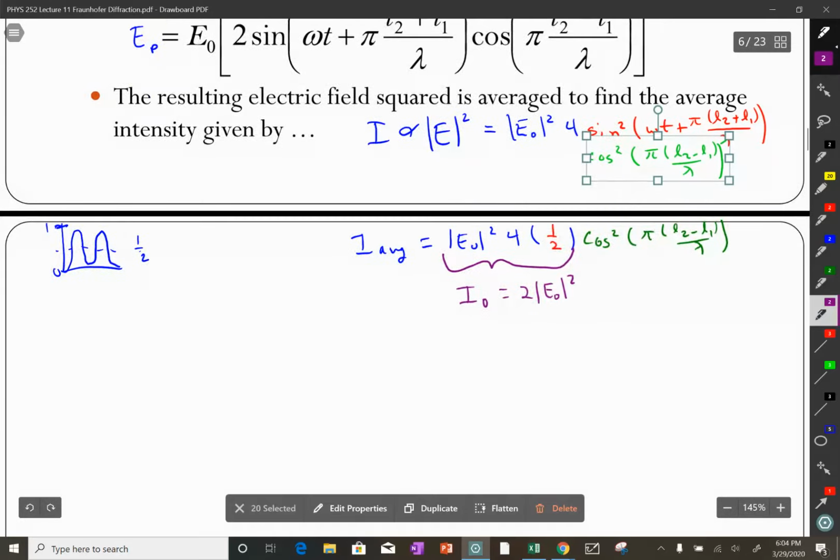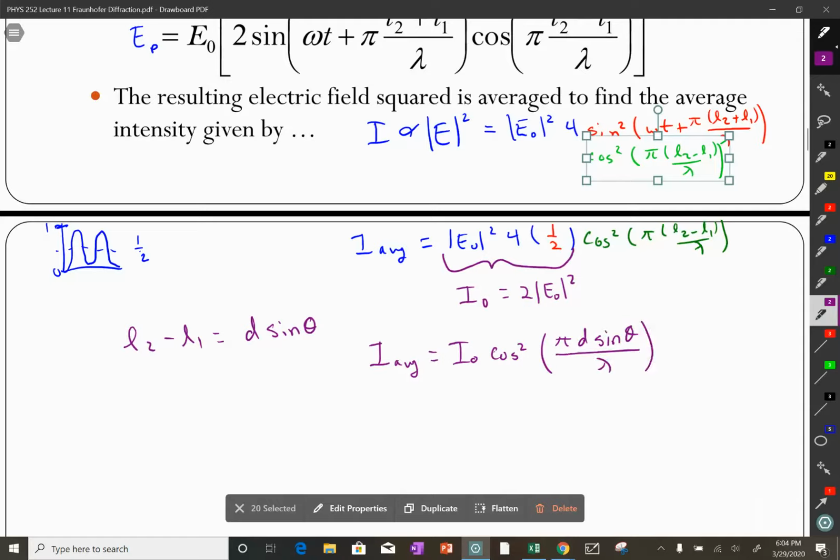In fact, we already worked out previously that L2 minus L1 was equal to d sine theta. And so what we have is I, the average intensity, is equal to the peak intensity times cosine squared of pi d sine theta over lambda.